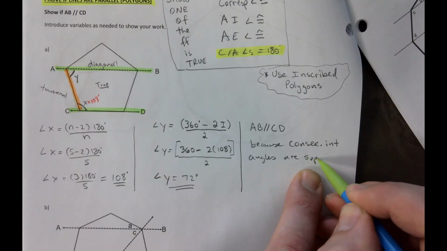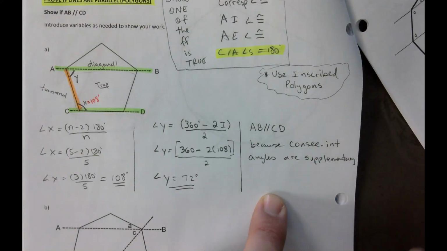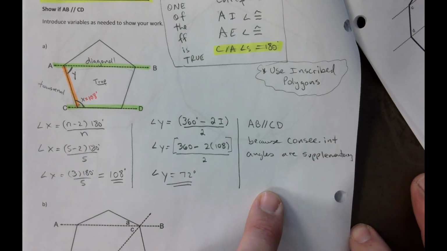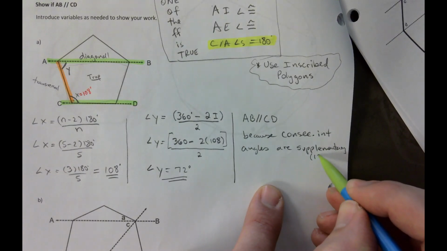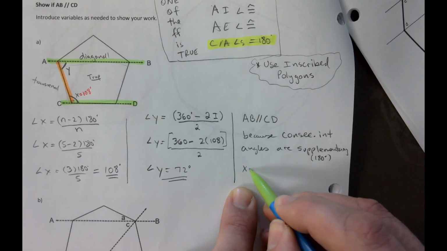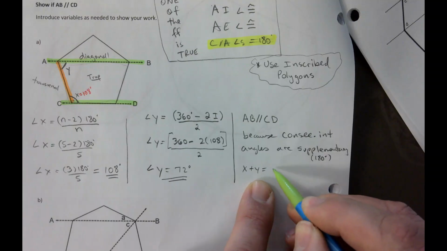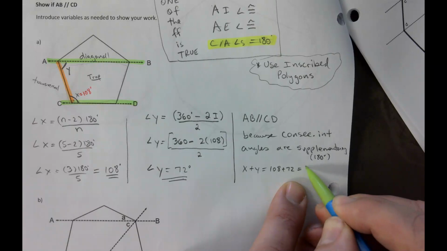That's the fancy way of saying they add up to 180. They have a sum of 180 degrees. And you just do a little check here. X plus Y is going to be 108 plus 72, which is going to be 180 degrees.